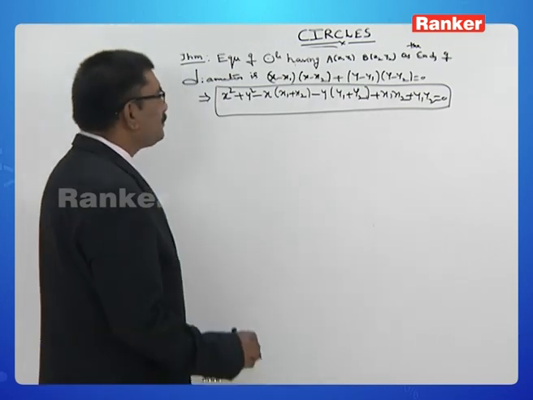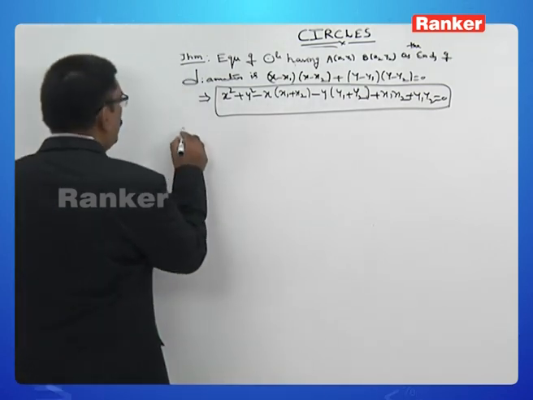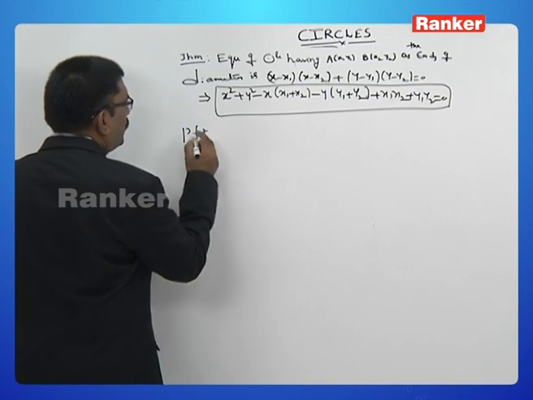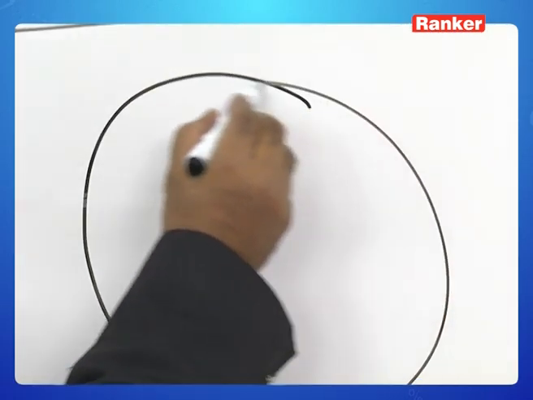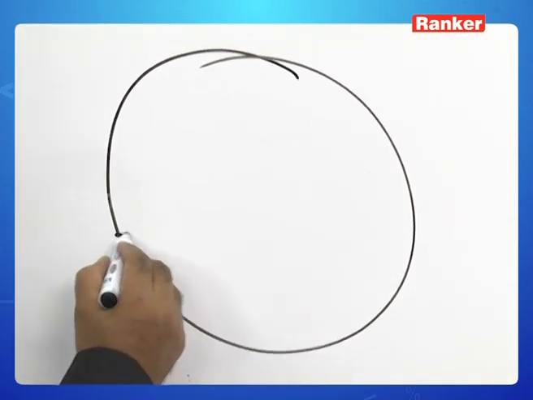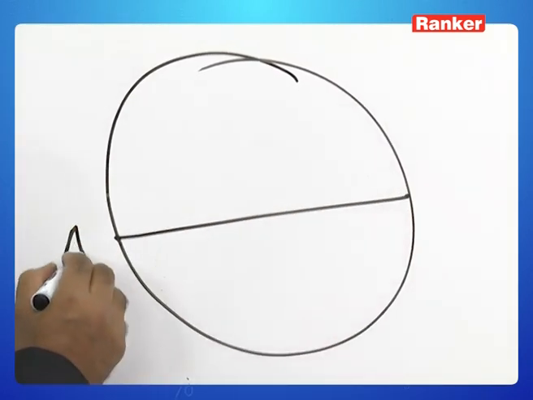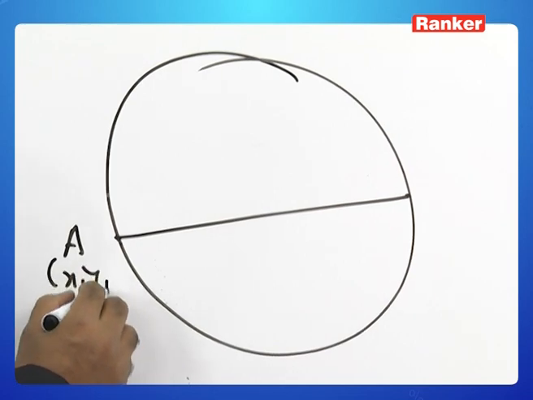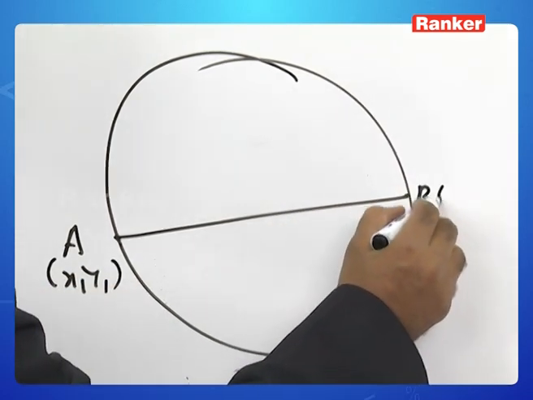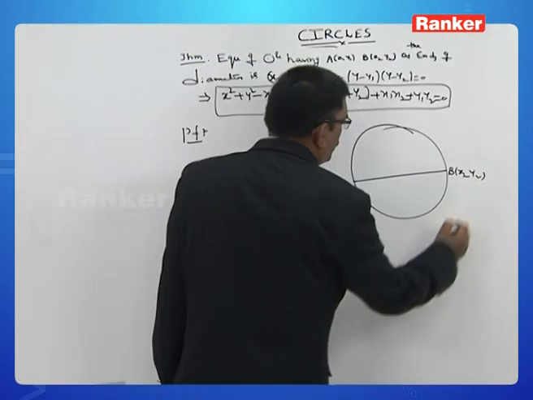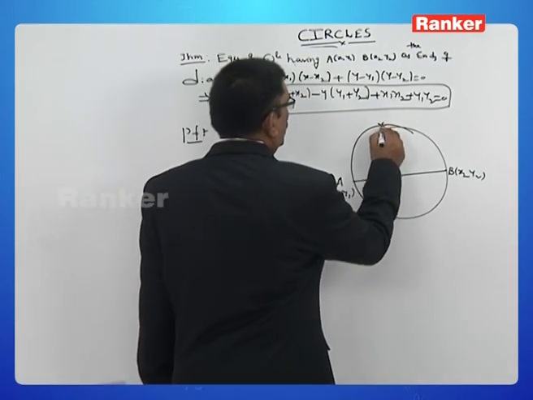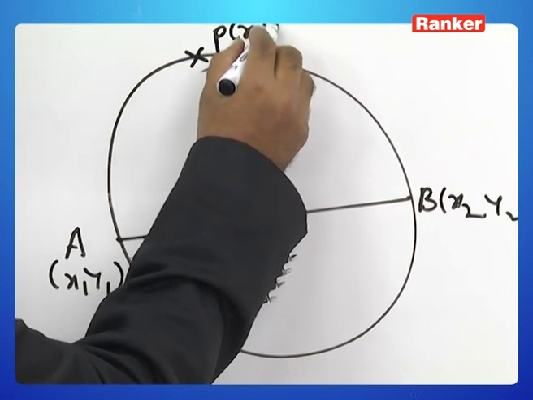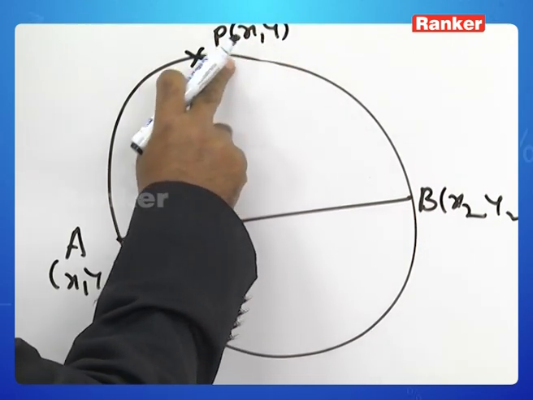Now, how to derive this? This is a circle having A of x1 comma y1 and B of x2 comma y2 as ends of a diameter. Let us consider P of x comma y to be a point on the circle.